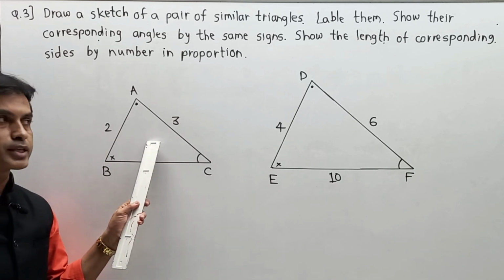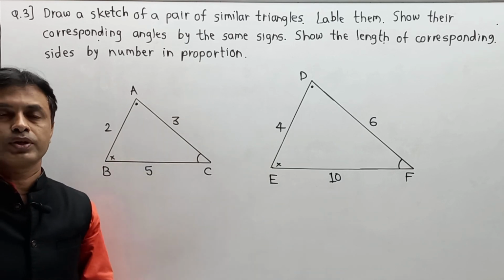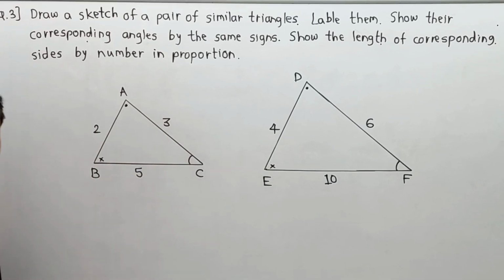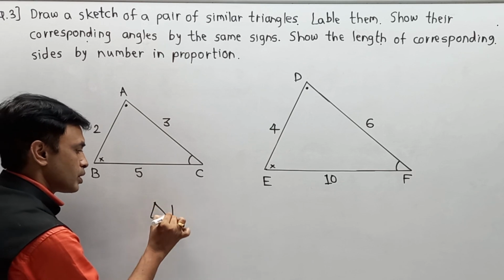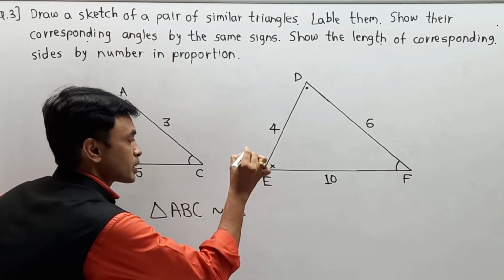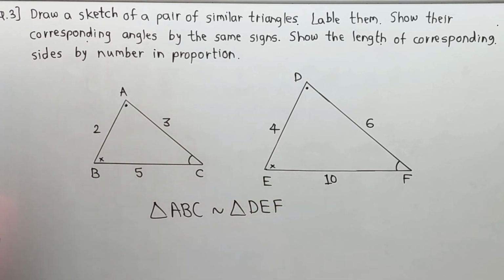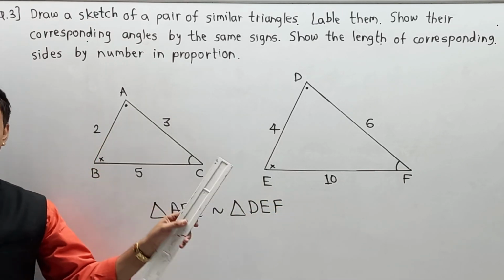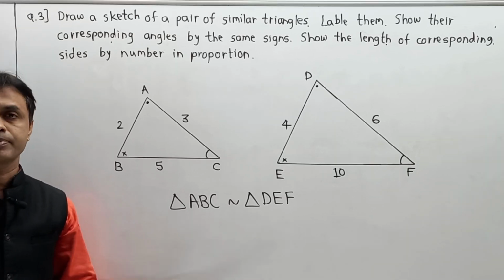But as the first triangle is smaller and the second triangle is larger, I have given this structure here. And finally, declare that triangle ABC is similar to triangle DEF. Because they have just mentioned the structure, I have drawn up to that part only. They have not asked for any details or specification.